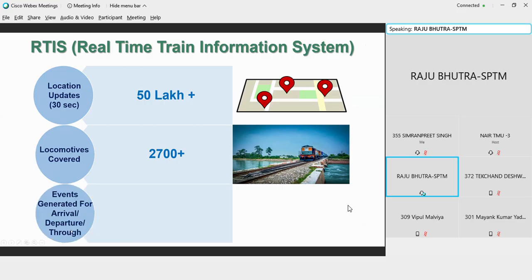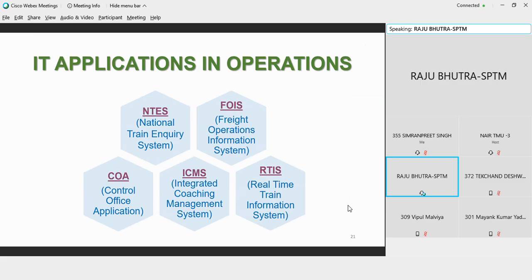And events generated for arrival, departure or through are 2 lakh plus. So these are some of the statistics.